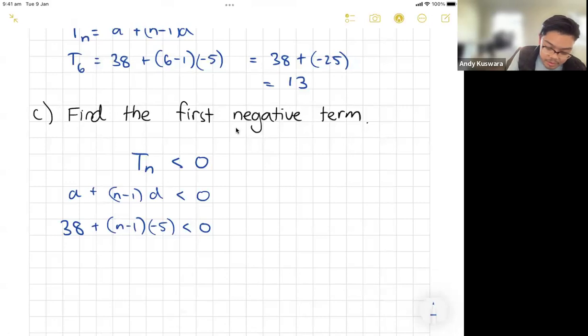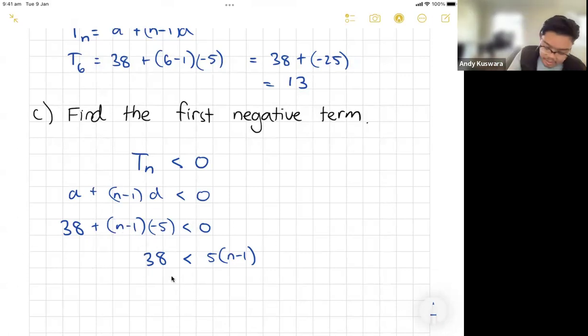Follow me with my algebra here. I'm just going to move this to the other side. So I have positive 5 bracket n minus 1, and 38 on the left-hand side. I recognize that the negative there would have made it negative 5 lots of n minus 1, and I've just moved it to the other side.